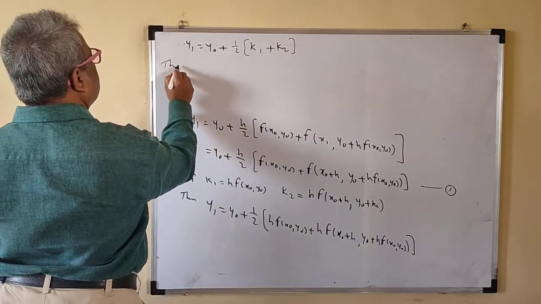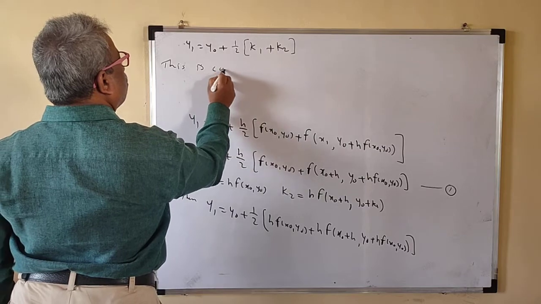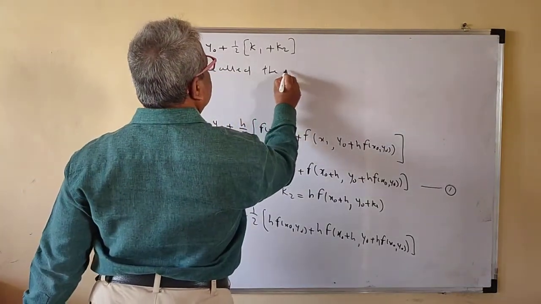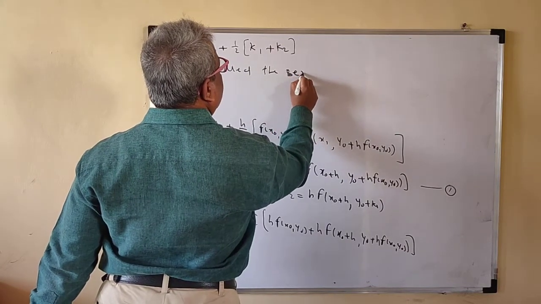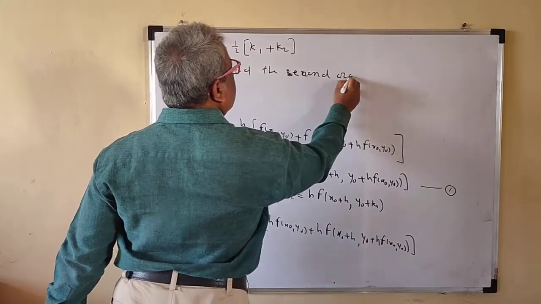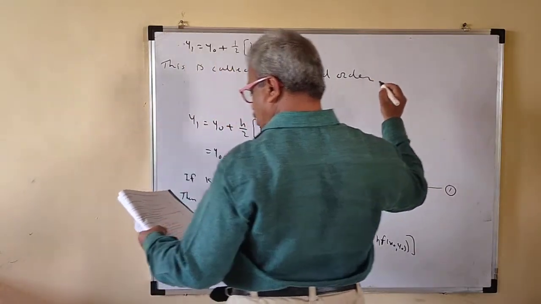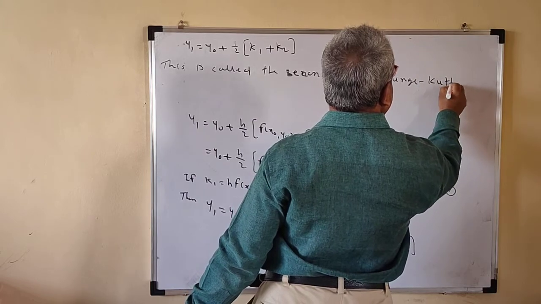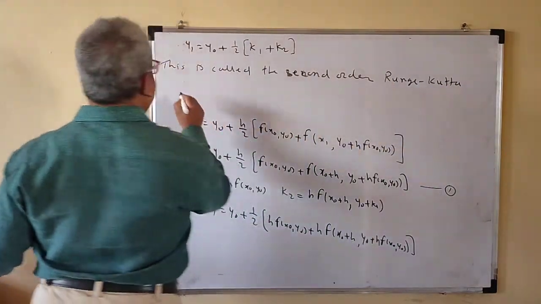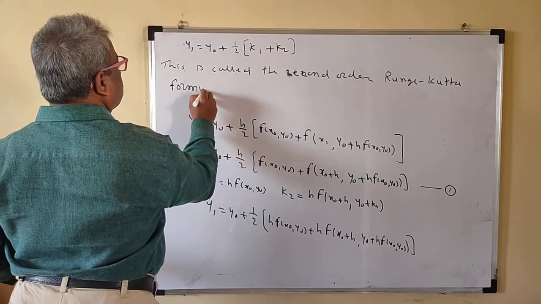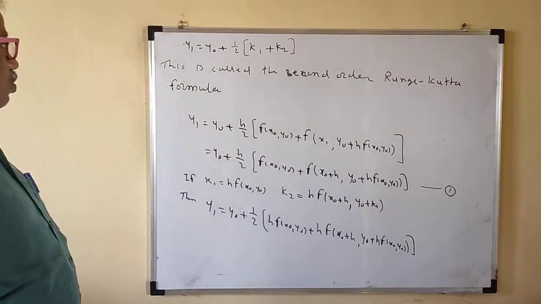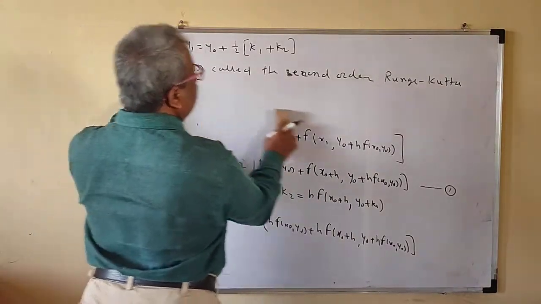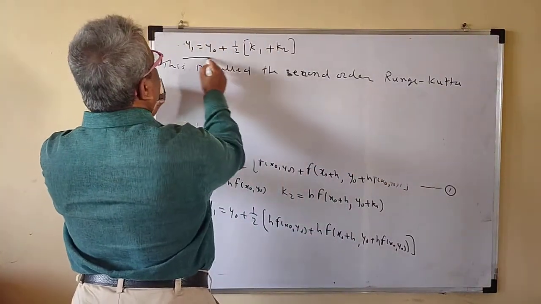So this is called the second order Runge-Kutta formula. Okay. So remember this: for this you have to remember k1, k2, this 1/2. This is the formula. Okay.